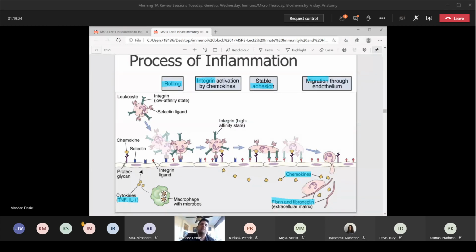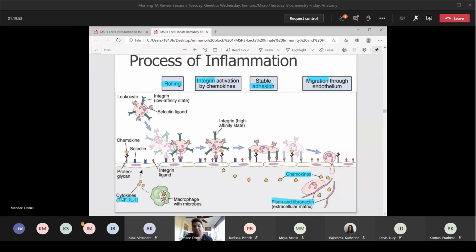Throughout your bloodstream, you have these immune cells just rolling along, constantly doing immunosurveillance. When we have some sort of damage outside of the bloodstream, the macrophage is going to interact with that area, using its PRR to interact with whatever antigen it comes in contact with.